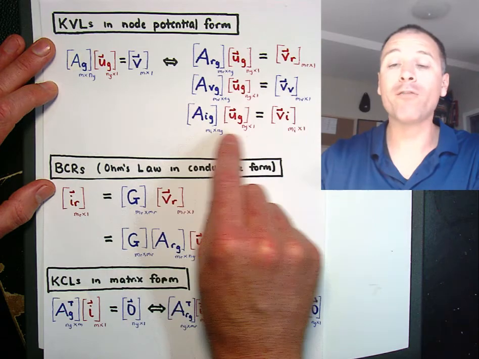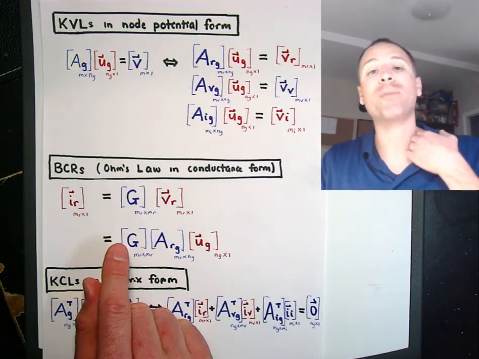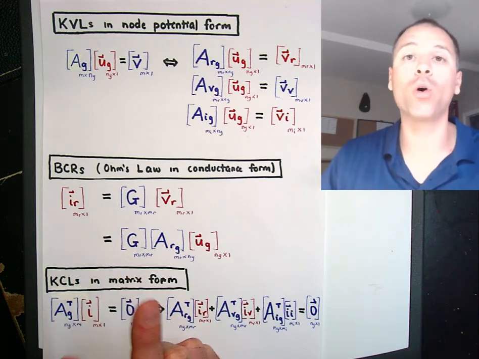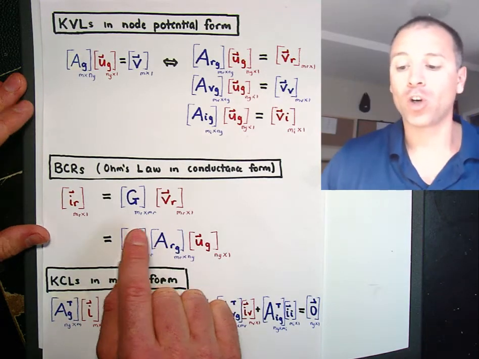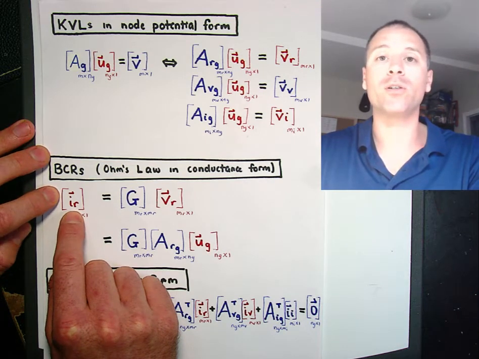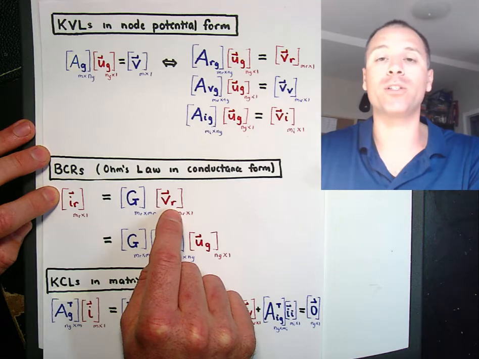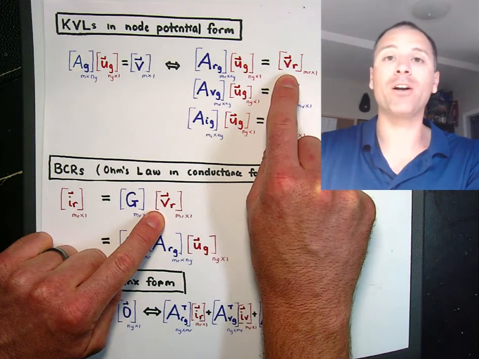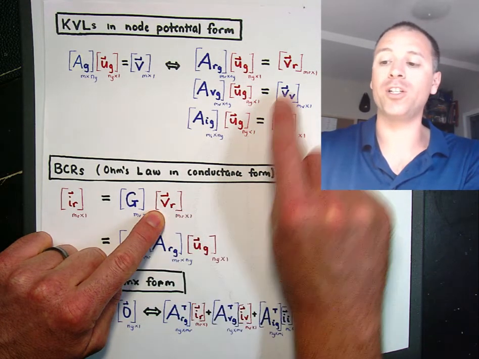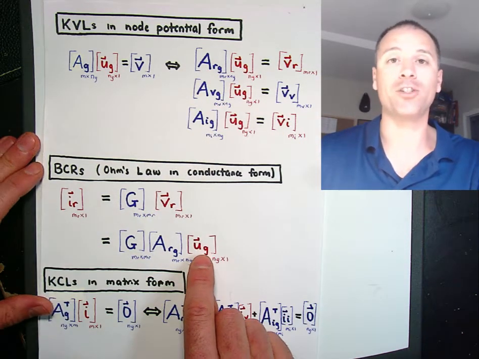However, starting from these KVLs, we could actually combine those with something called BCRs, or in this case, Ohm's law. So Ohm's law states that the current running through the resistors are going to be the conductances times the voltage drops across the resistors. But from up here, we knew that we could write the voltages as a matrix vector product with the node potentials.